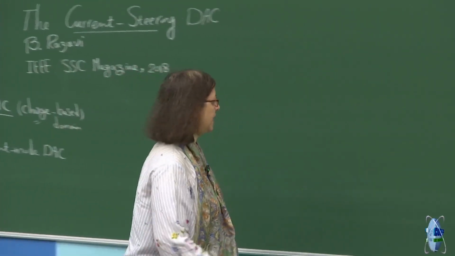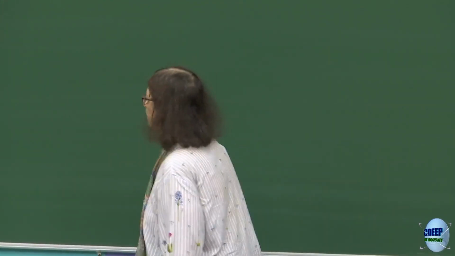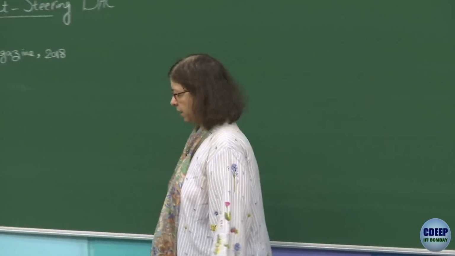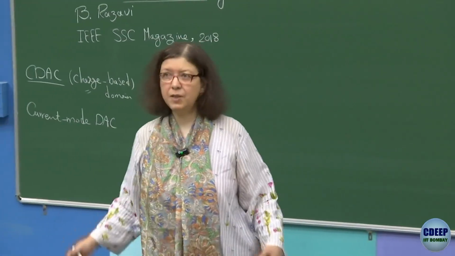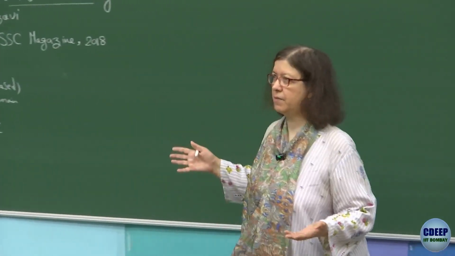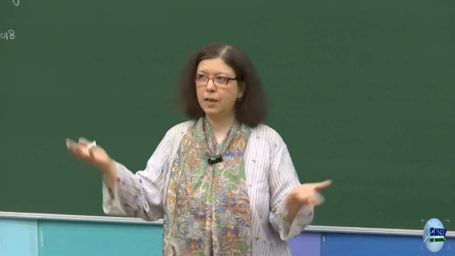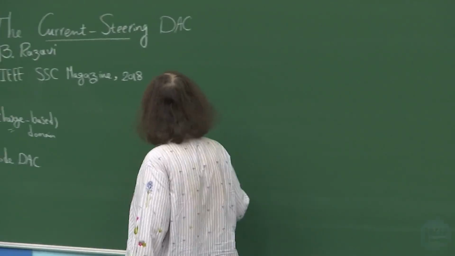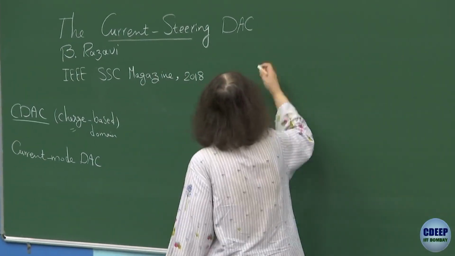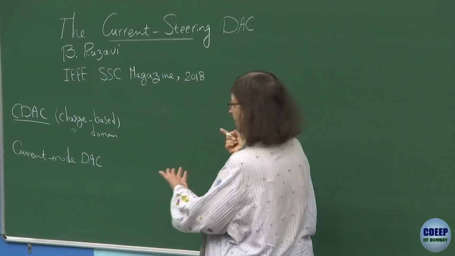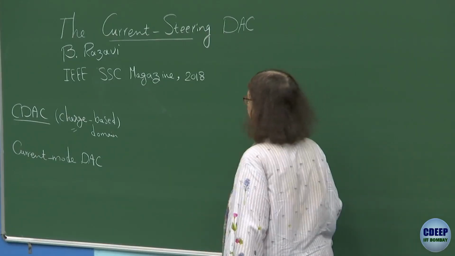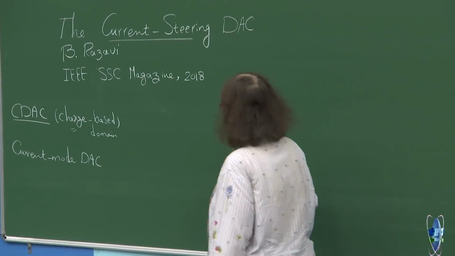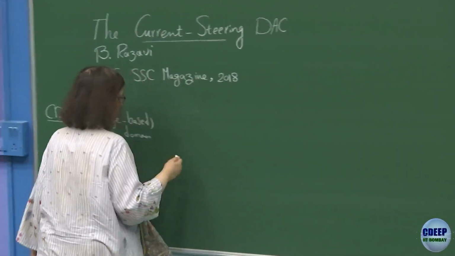As the name shows, first of all, we don't need any redistribution of the currents. We can just add currents and generate DAC. So it's a very simple concept, as simple as this. Naturally the output is also a current, though you can easily convert it to voltage, but let's talk about current only.